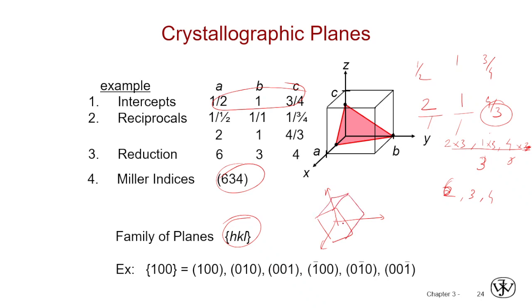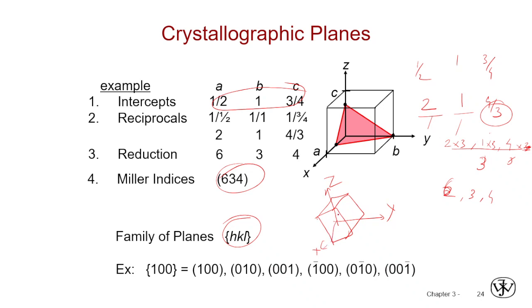So we have a cube like this. Say this is the x, y, and z directions. If this is 1 0 0, then for 0 1 0, how will it be?